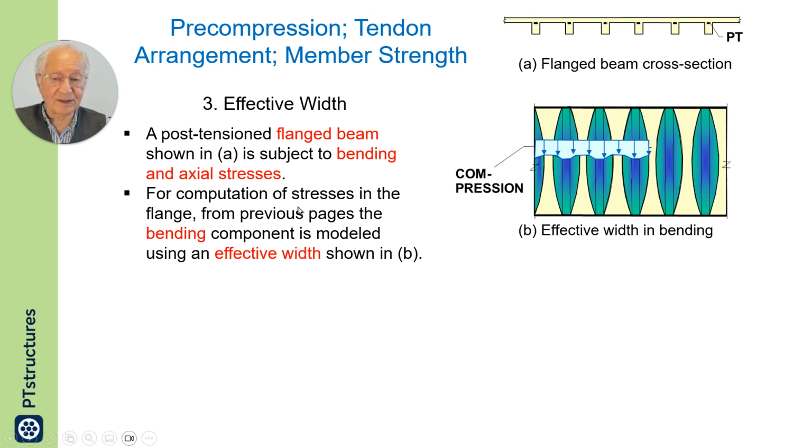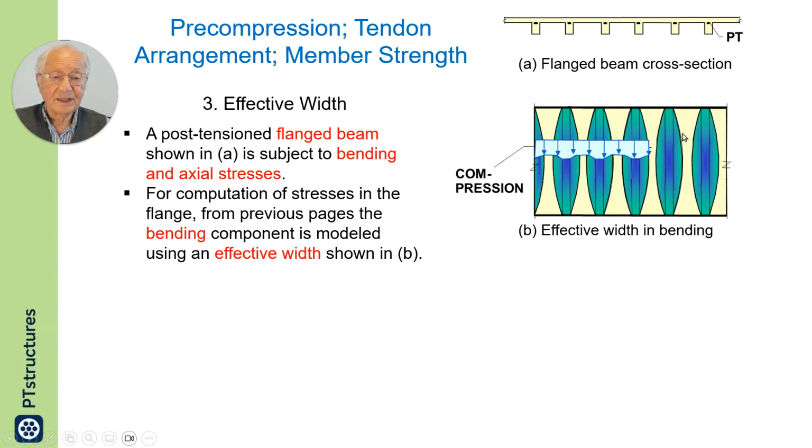For computation of stresses in the flange from previous pages, the bending moment is modeled using an effective width shown in B. If the tendons are not anchored at centroid, there will be a bending because of eccentricity, and the bending will have some distribution of stress which is non-uniform, more at the connection to the stem and less as you go farther away.